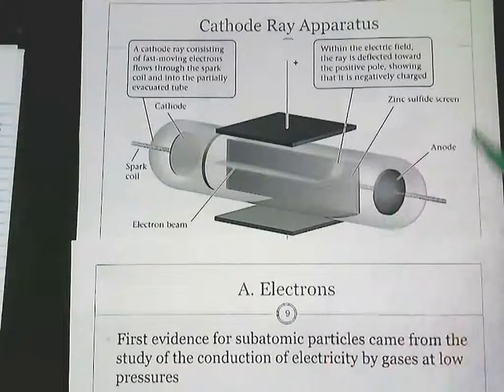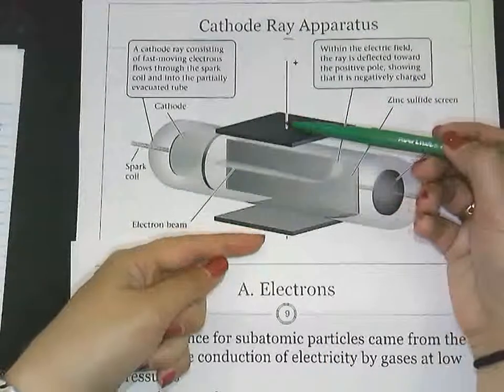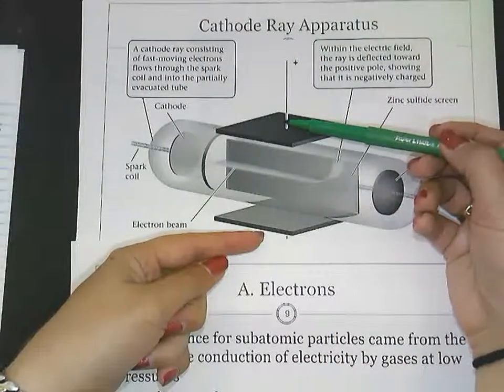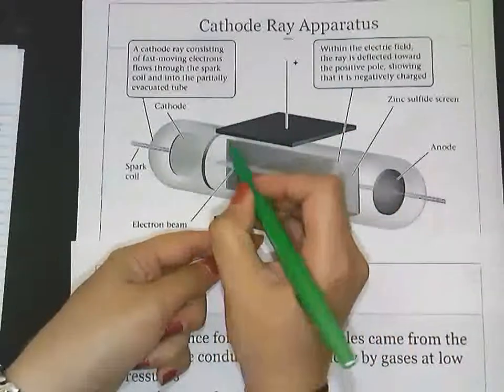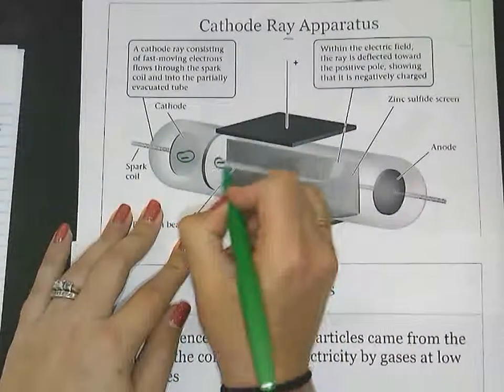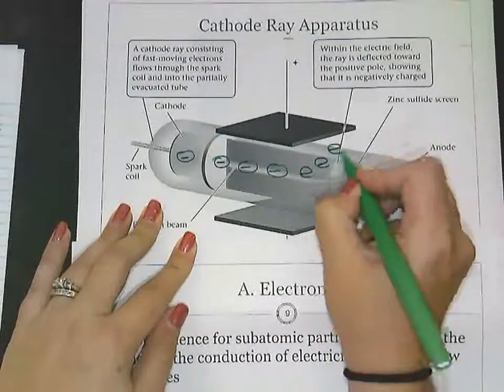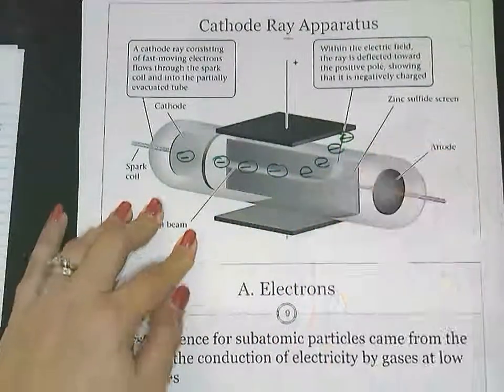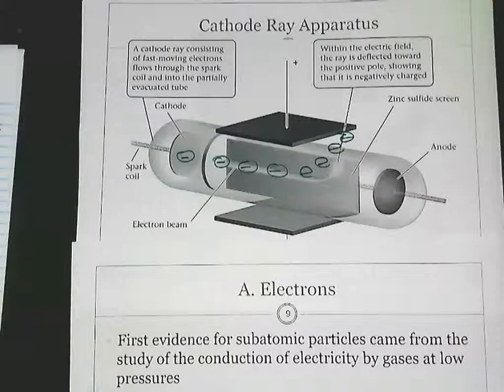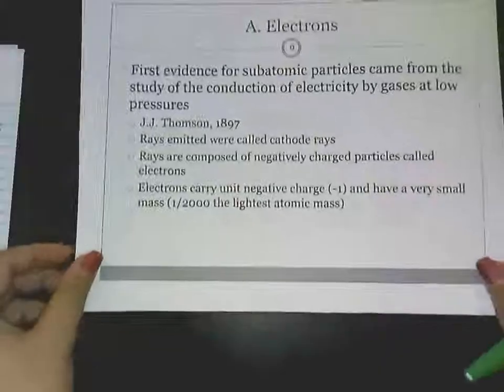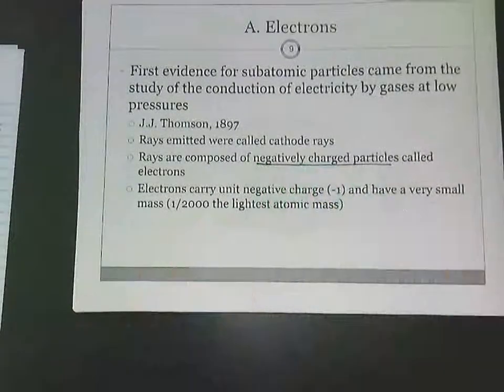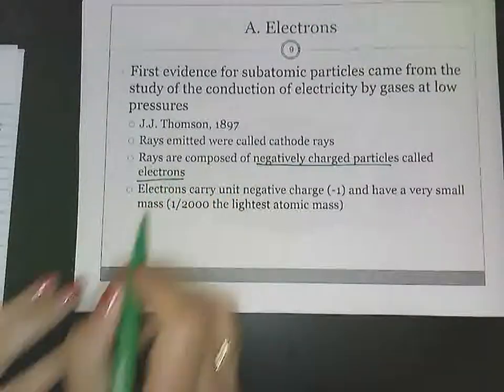Then he turned on this electric field across the top and bottom, and he saw the negatively charged particles all of a sudden start scooting up towards the top. So that was his evidence that there were negatively charged particles. And these negatively charged particles he started to call electrons.